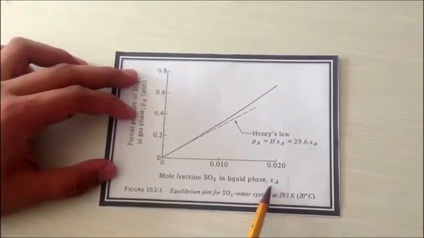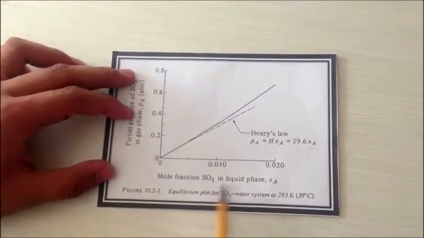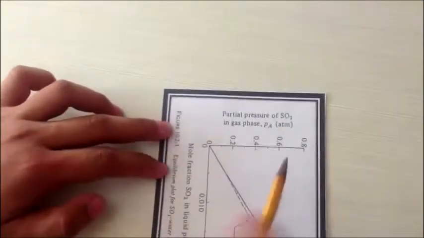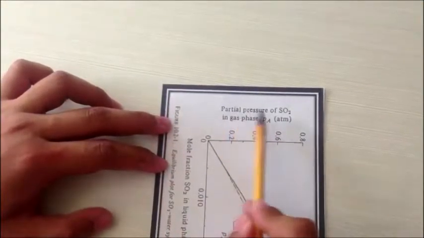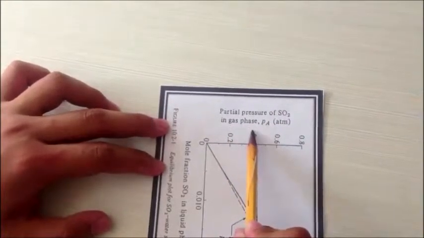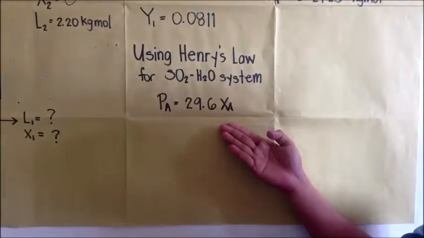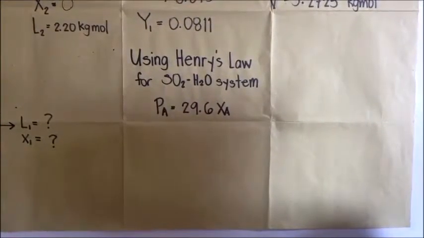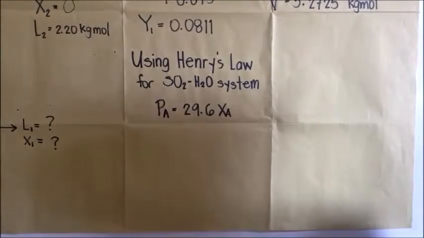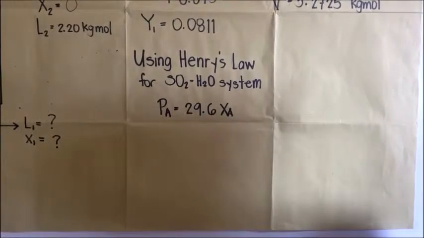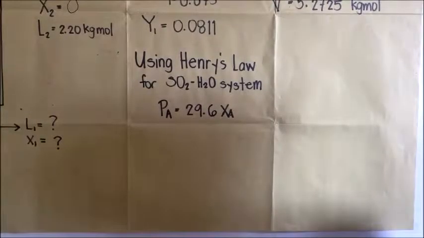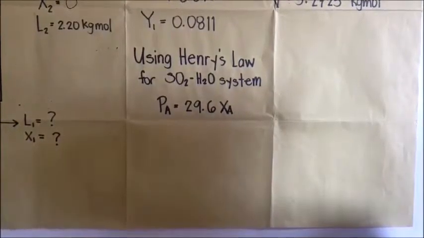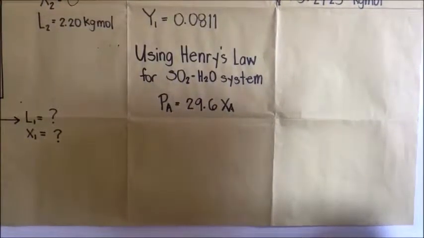XA is our mole fraction of SO2 in the liquid phase, while Pa is the partial pressure of SO2 in the gas phase in atm. Using the relationship we get from Henry's law, we can derive an equation relating y2 to x1, or the concentration of the solute in the gas and liquid phase.